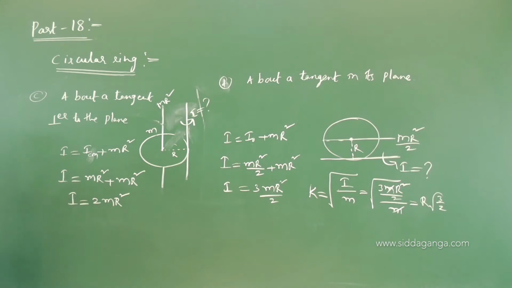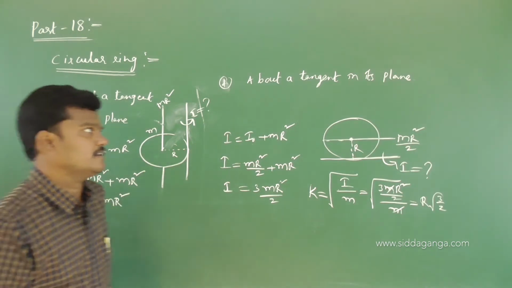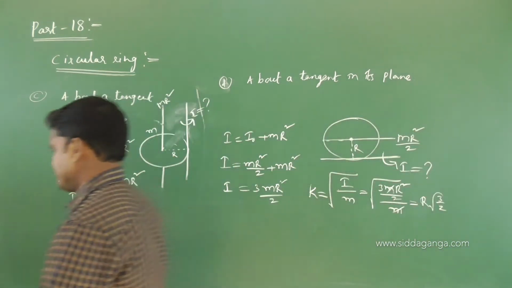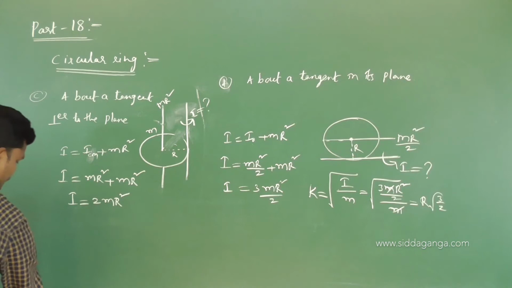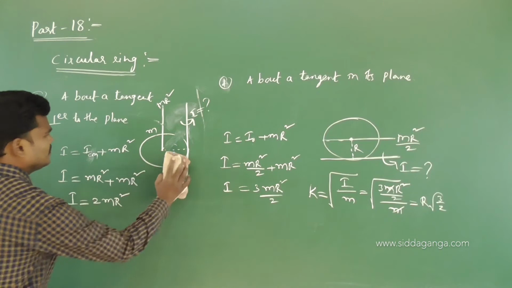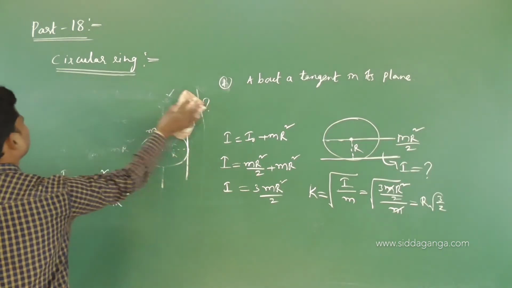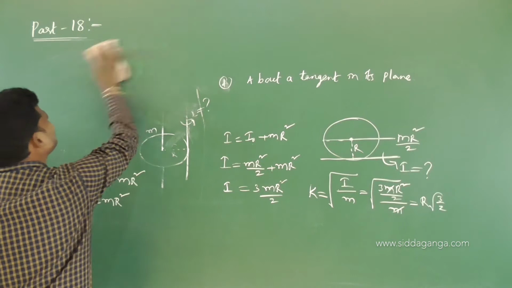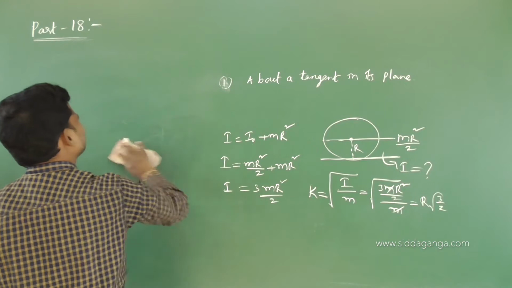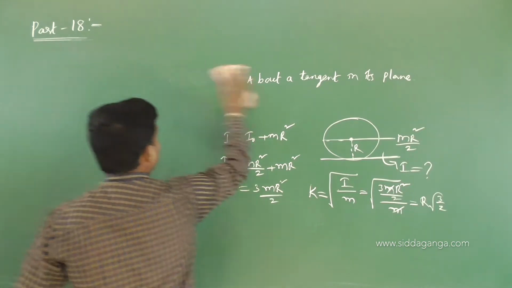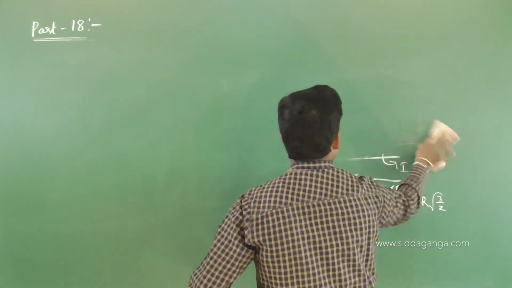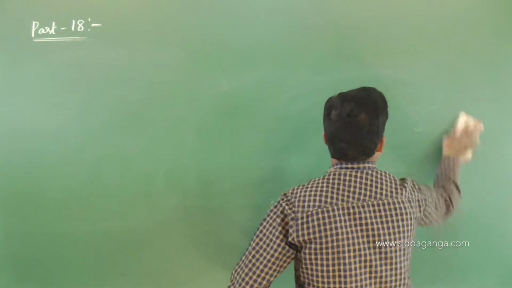Now let us see the disc, circular disc. Write down the next one.